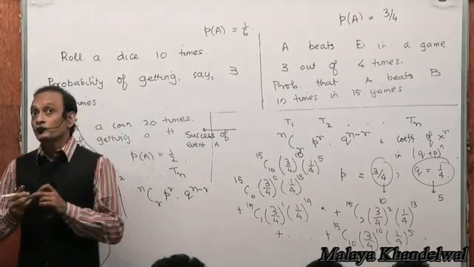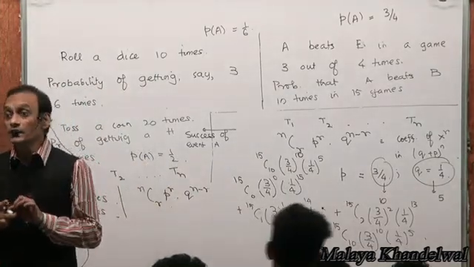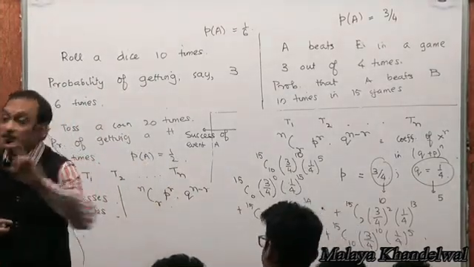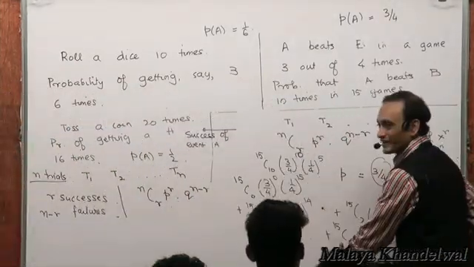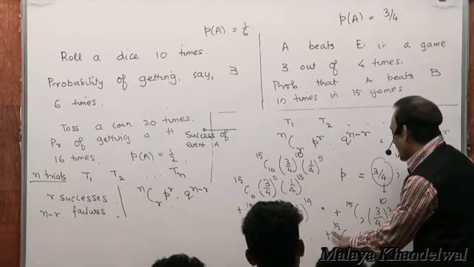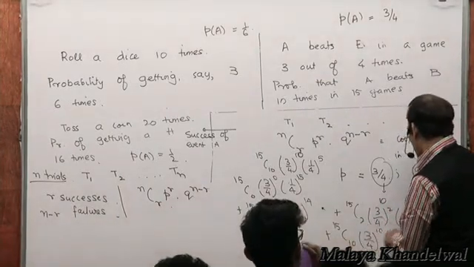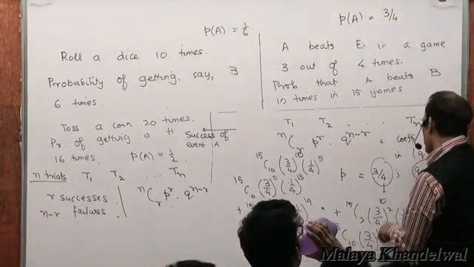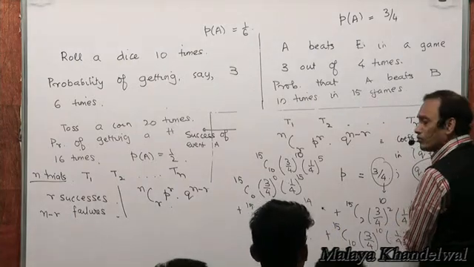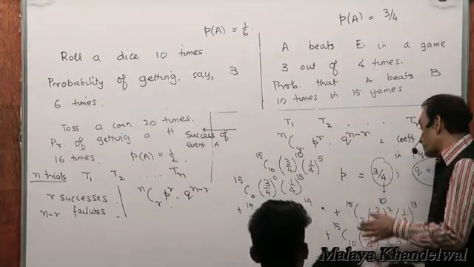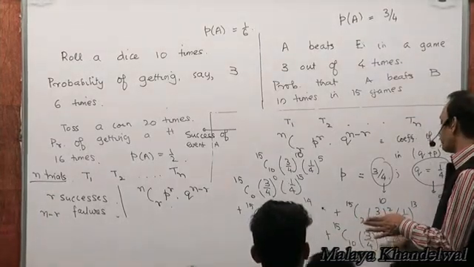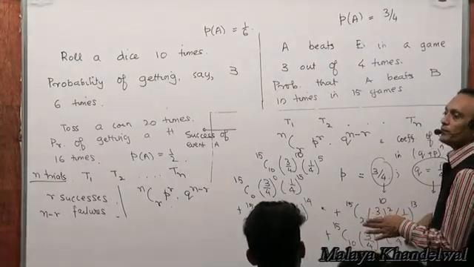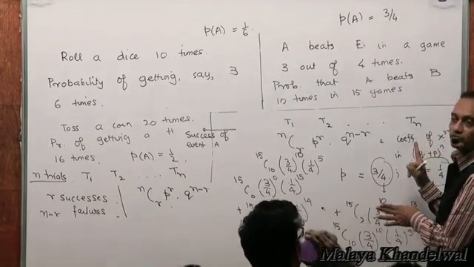If someone said probability of A beating B at least 10 times, then I'll start with this term and go up to 15. I'll start with 15C10 3 by 4 to power 10 etc. 15C11 3 by 4 to power 11 1 by 4 to power 4 and so on and so forth. I'll go up to 15C15 3 by 4 to power 15 into 1 by 4 to power 0. That's what I'll do.